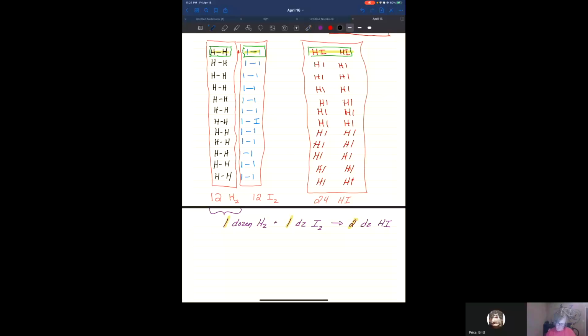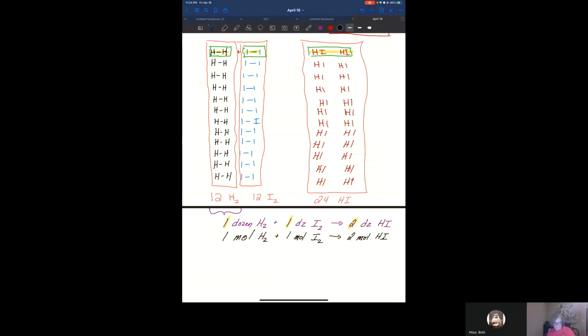That's why, in terms of chemistry, my boxes are just a lot bigger. 1 mole of H2 and 1 mole of I2 gives me 2 moles of HI.